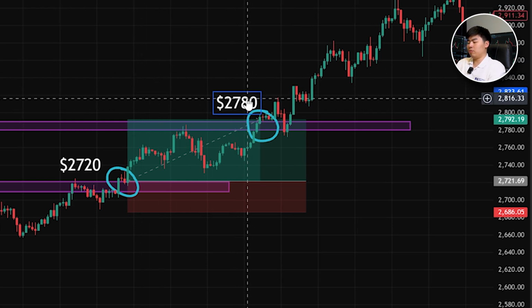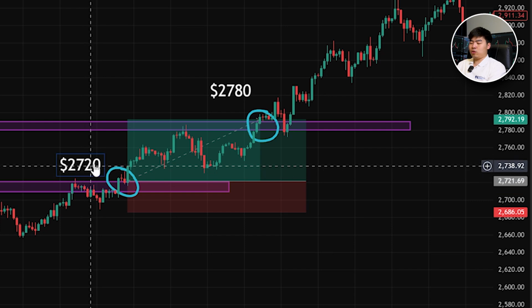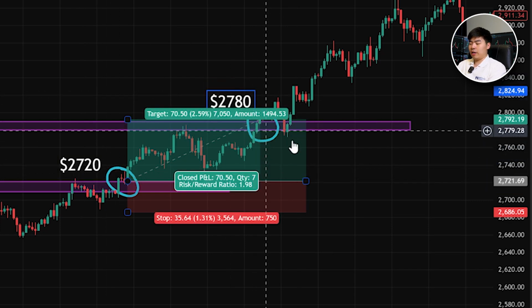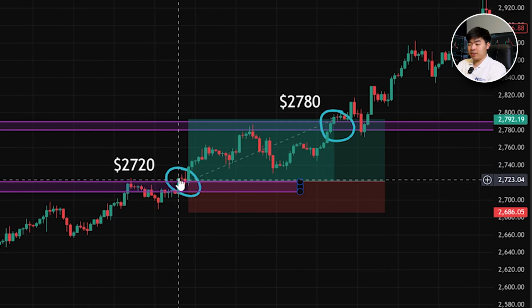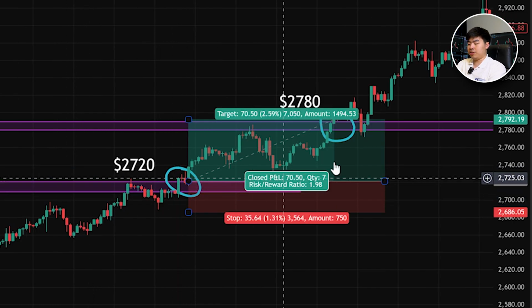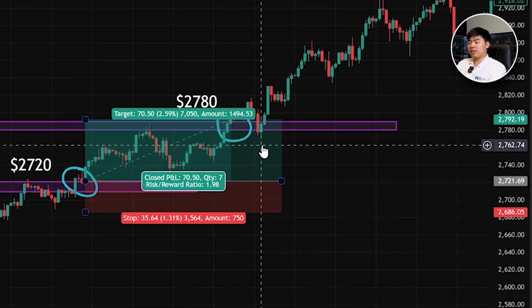This is what I would do: I open at 2720 and I close at 2780. The reason behind it is that at 2720 the resistance is being broken, so I would open a buy position, and 2780 is the next strong resistance.